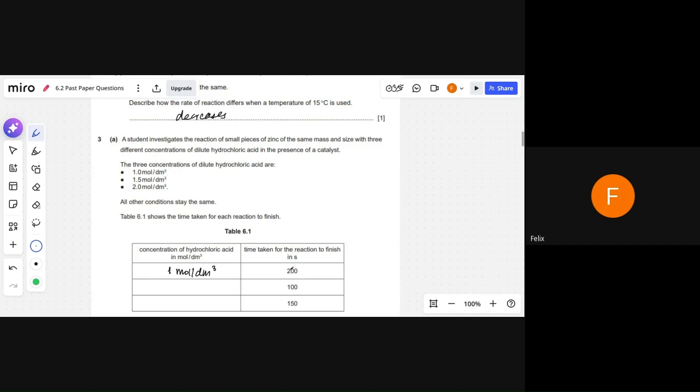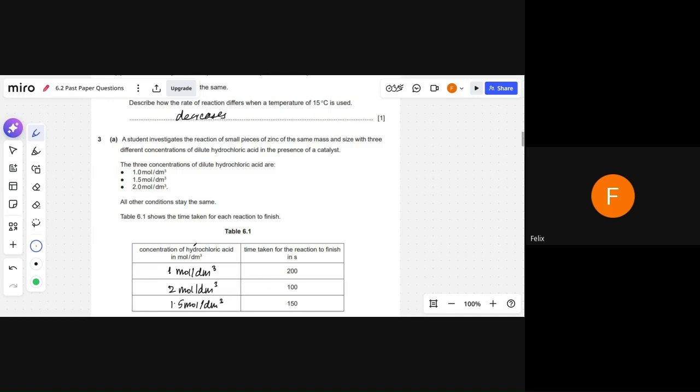So 100 seconds is the shortest time compared to the other two readings, so this is going to be the most concentrated, 2 mole per dm cubed. And for 150, this is the second highest, so it will be 1.5 mole per dm cubed. So I hope this is clear.